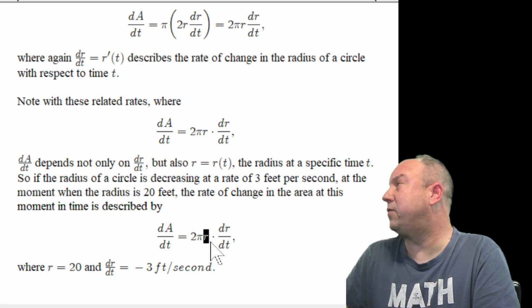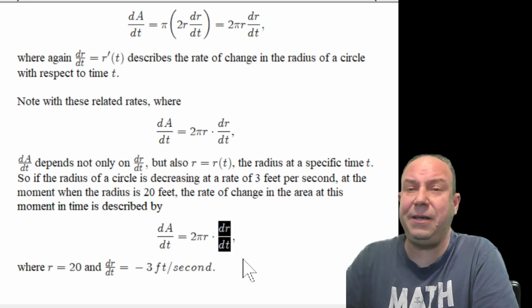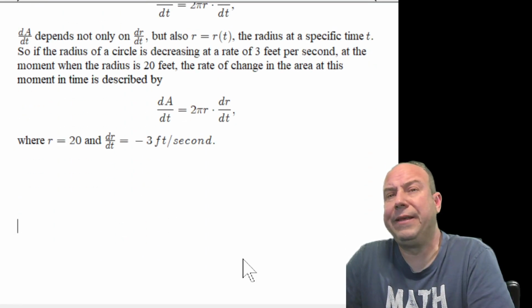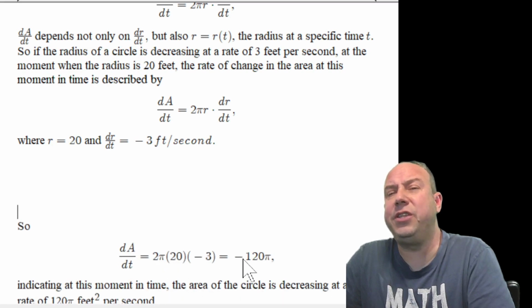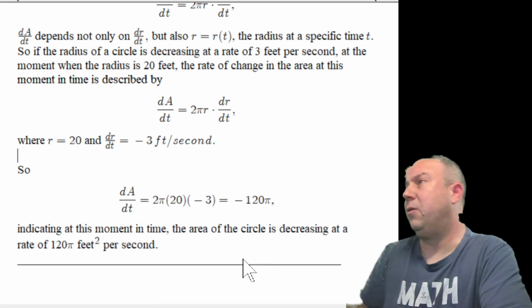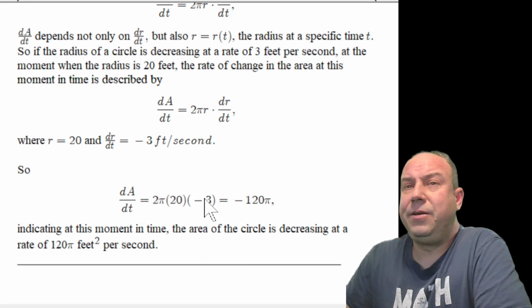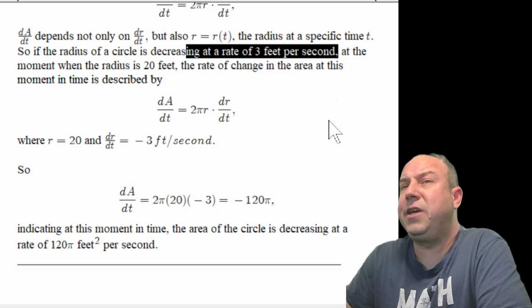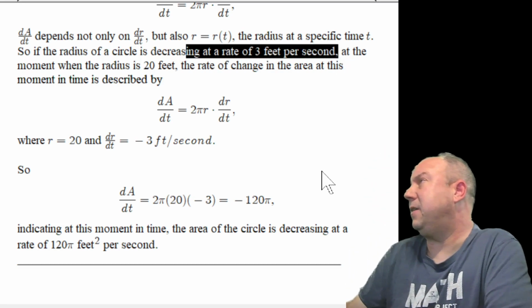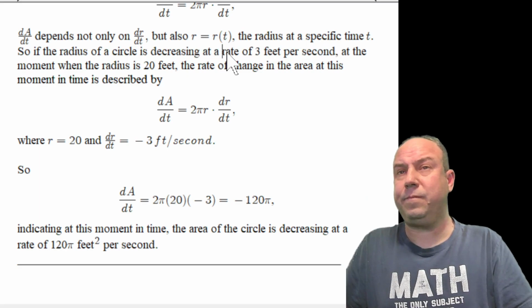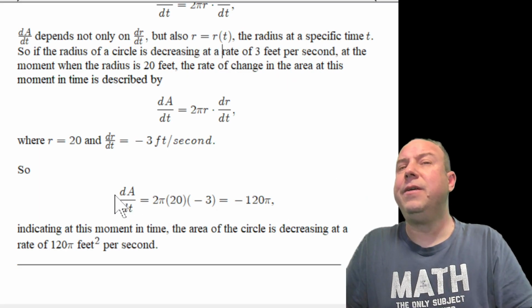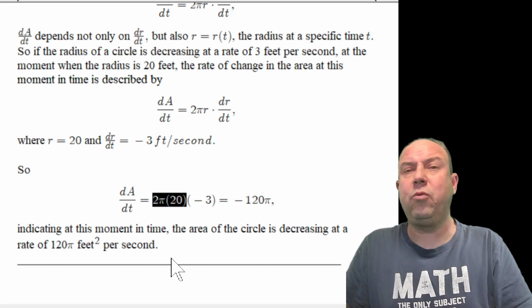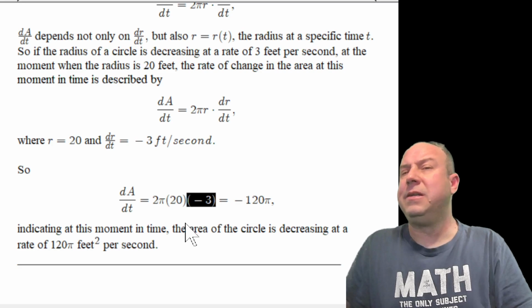Substituting in those values for r and dr dt, we get the rate of change in the area with respect to time t with this description. If the radius is 20 feet and the circle is decreasing at a constant rate of 3 feet per second, then the rate of change in the area with respect to time t would be 2 pi times 20 times -3.